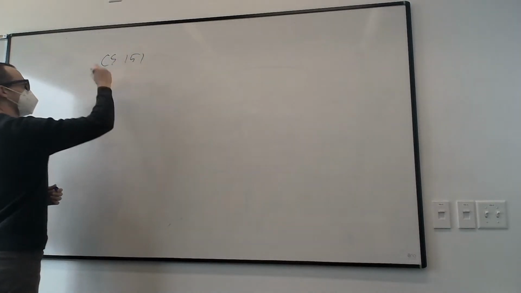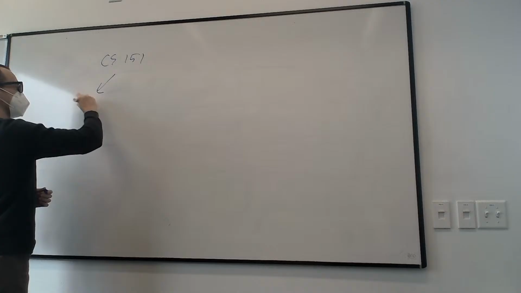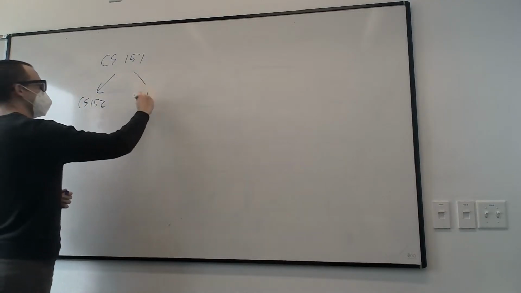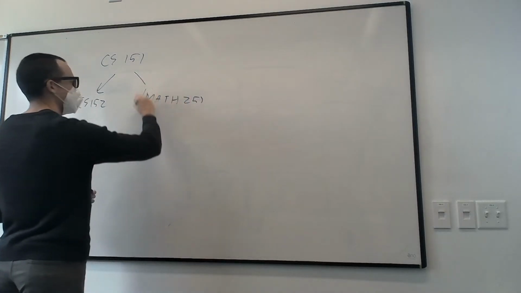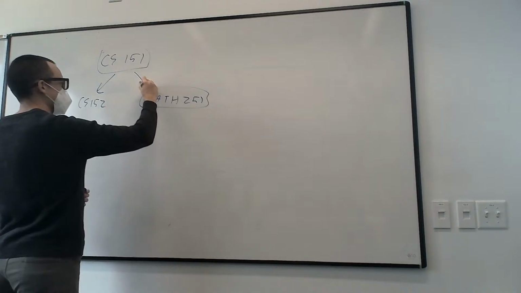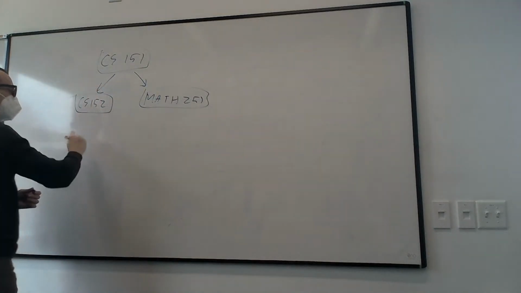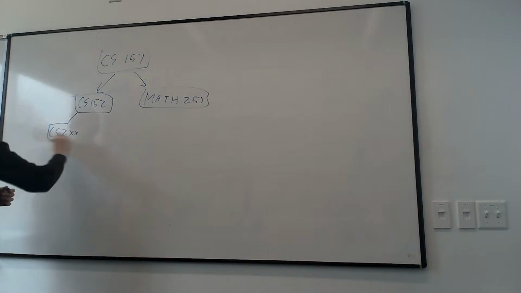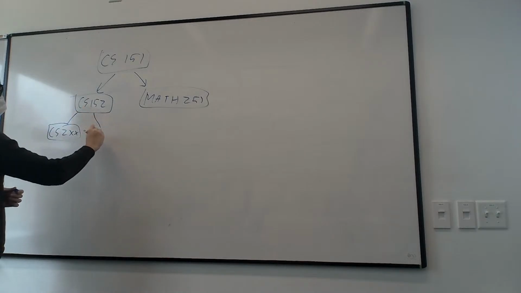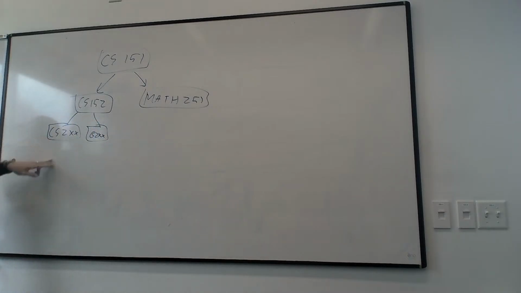Okay. So we had CS 151. It had two branches. It went to CS 152 and Math 251. I'm putting them in boxes because it's easier on me. This thing went into CS 2XX, like web app mobile development for the systems class that you're in right now.